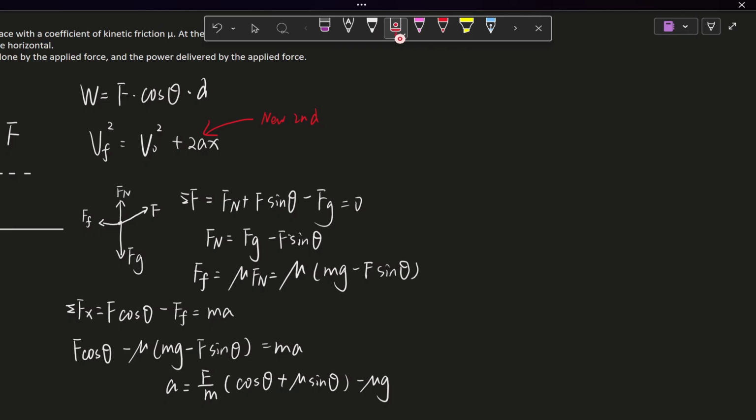Now, let's plug the expression for acceleration back into the kinematic formula, which is Vf squared is equal to V naught squared plus 2ax. V naught is 0 because it's initially at rest, right?